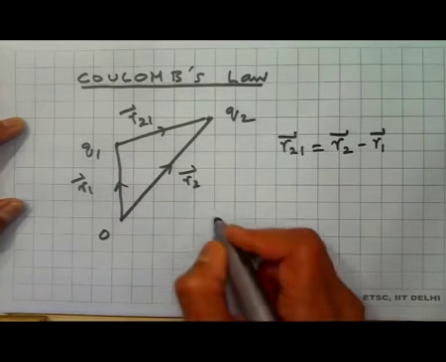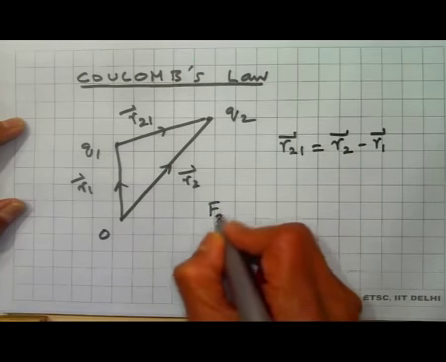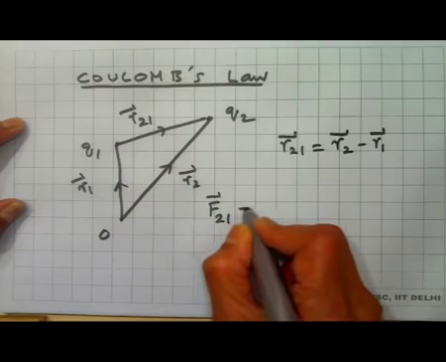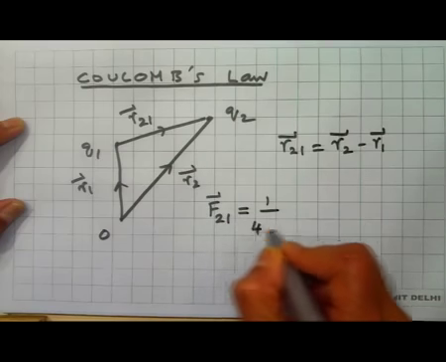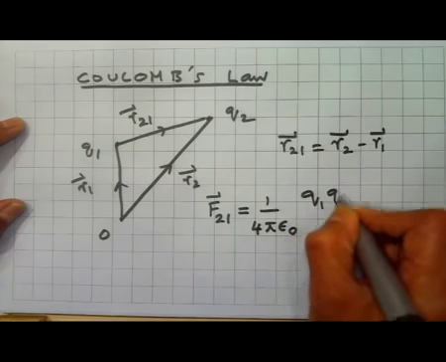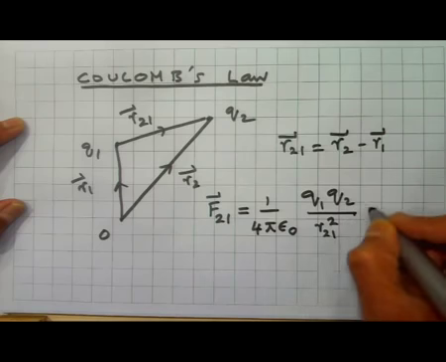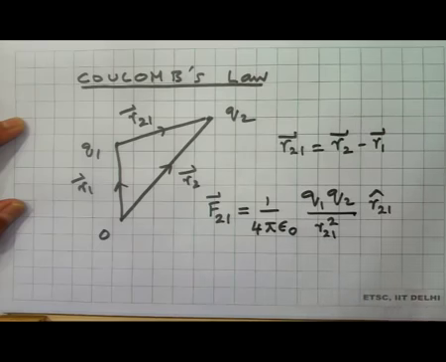So, we said that according to Coulomb's law, the force on charge 2 because of charge 1 is 1 by 4 pi epsilon 0 q1 q2 by r21 square into the r21 unit vector.